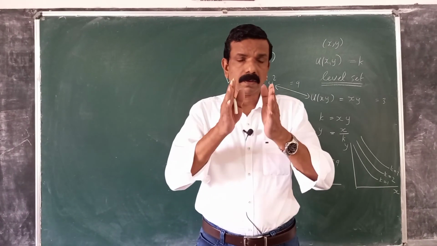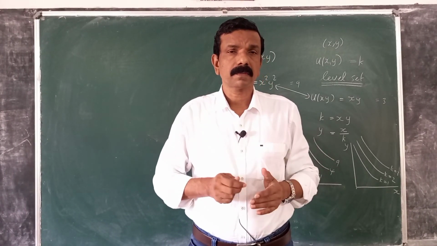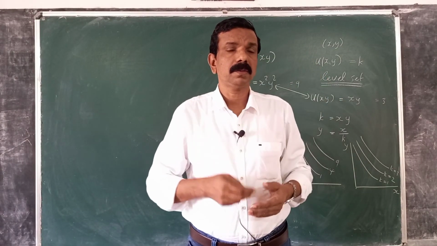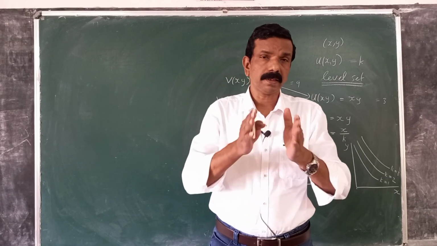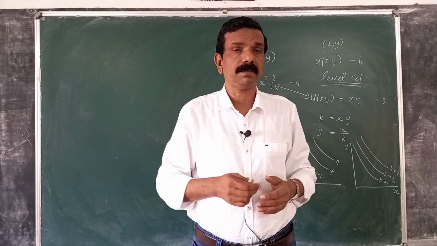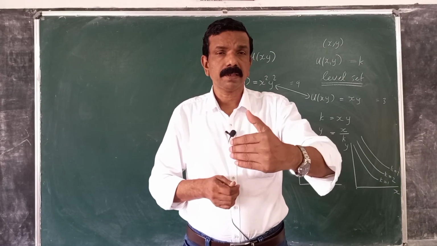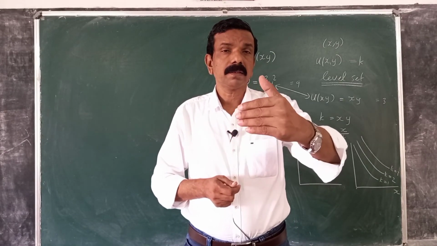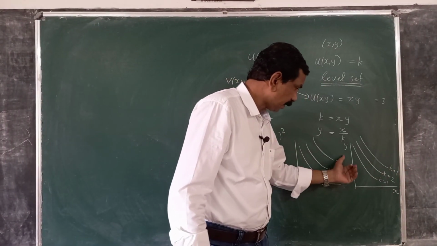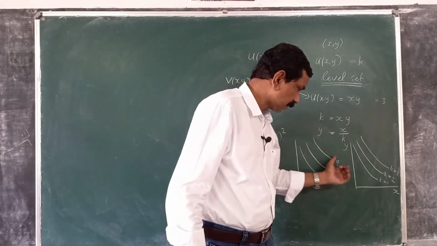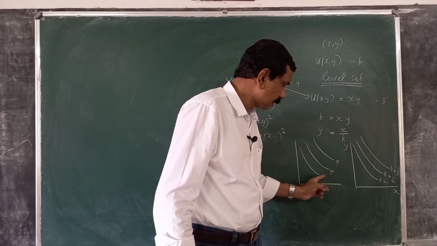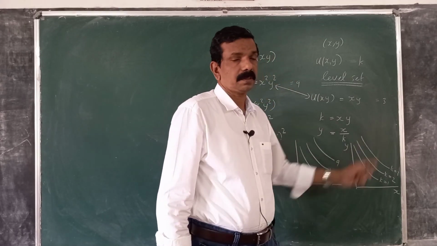So if an original utility function is given, a monotonic transformation also serves as the utility function. That is, one set of numbers can be transformed into another set of numbers, and the only requirement is it will be order preserving. So 1, 2, 3, 1, 4, 9, order preserving. 3 is greater than 2, greater than 1, 9 is greater than 4, greater than 1, like this, order preserving.